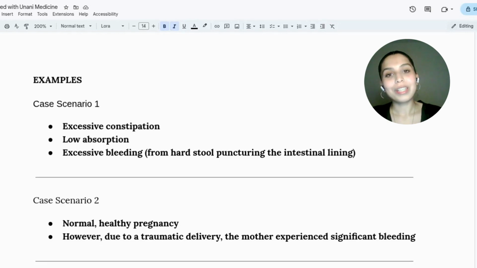a scenario where there is excessive constipation, and because of the constipation there is low absorption because there is so much fecal matter.